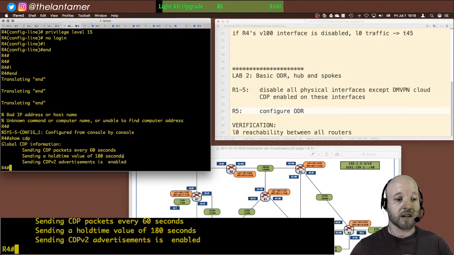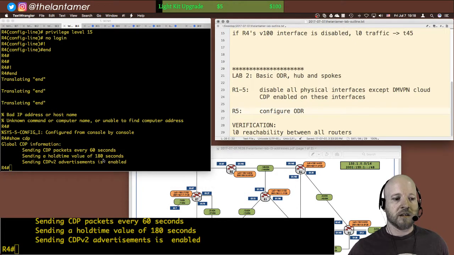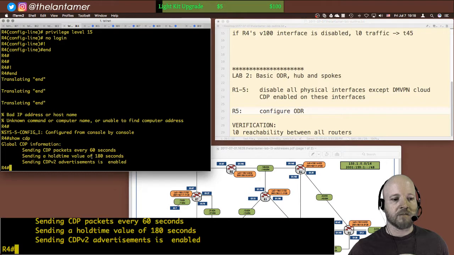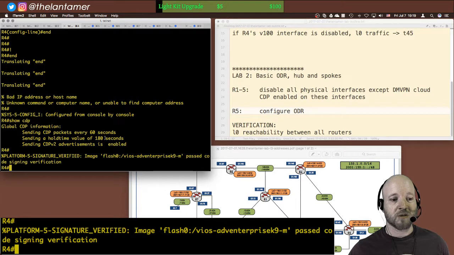And there's a hold time of 180, which you can also lengthen on the hub, especially if you have flappy links or a lot of unstable links out in a country store somewhere. You can extend this, I think, up to 240 or 250, something like that.